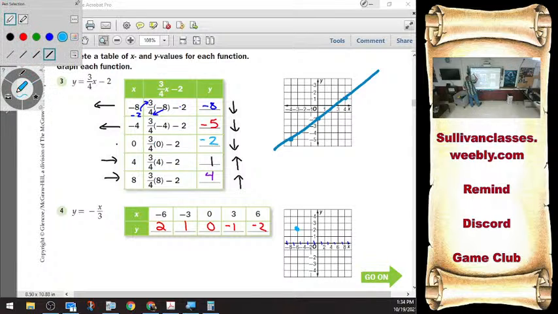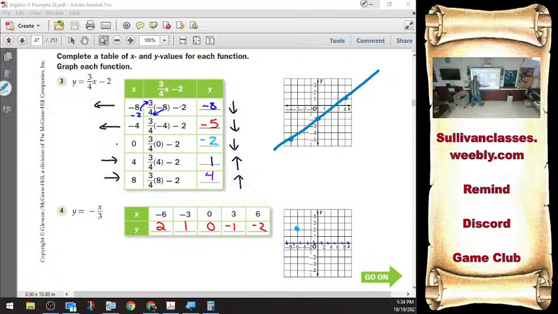Back 3, up 1. So 1, 2, 3, up 1. How do I do 0, 0? I got a -2. For which one? For -6 divided by 3. But there's a negative in front of it.